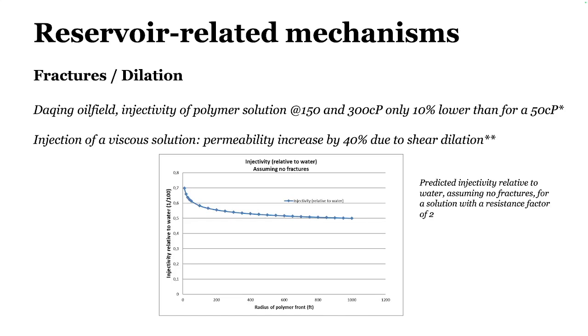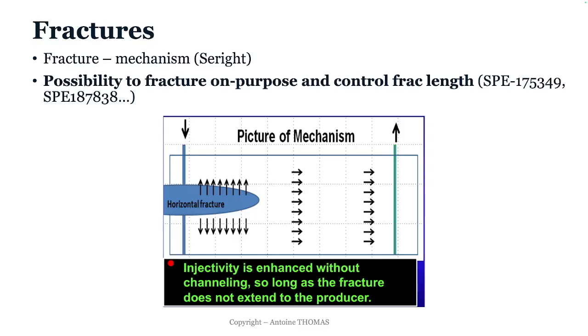You look at Dredging, for instance, injecting up to 300 centipoise with an injectivity just 10% lower compared to the 50 centipoise solution. And some others have seen permeability increase by what they call shear dilation in unconsolidated heavy oil with horizontal wells. So this is probably the most important feature to explain why injectivity has always been better than expected.